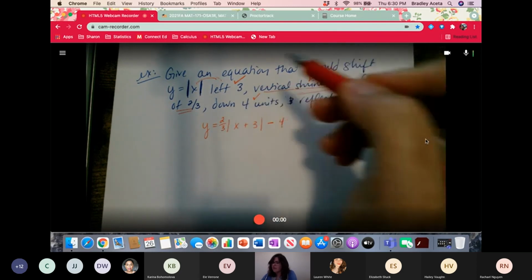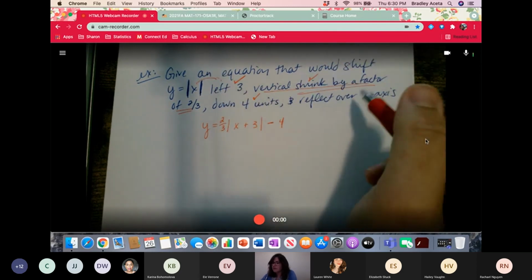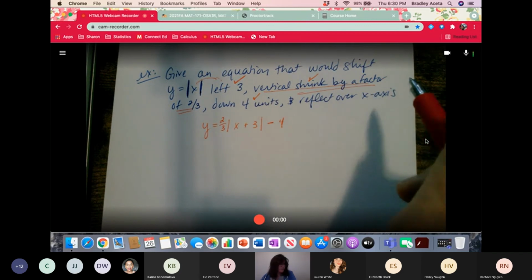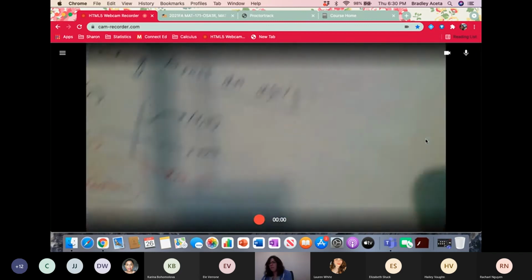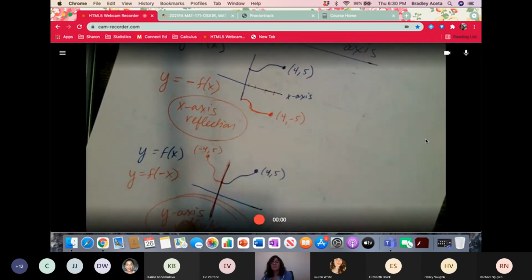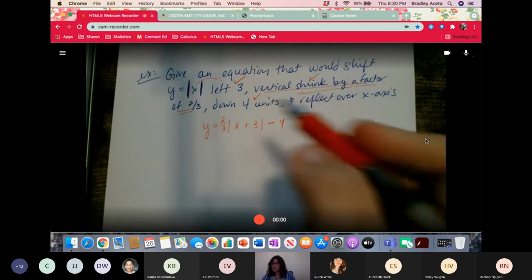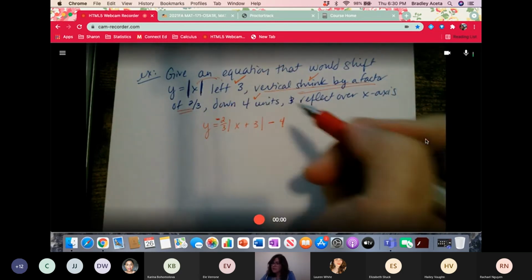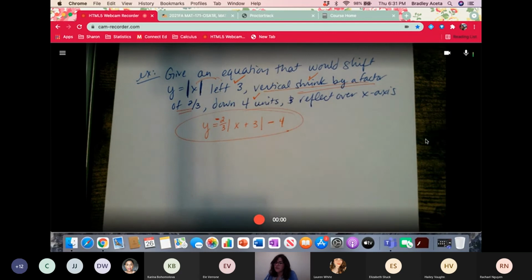So we got left, we got vertical shrink, we got down 4 units. Reflect over the x. Put the negative right outside. So there you go. There's your equation that would complete all those shifts. So you'll have a couple questions just like that on this homework.